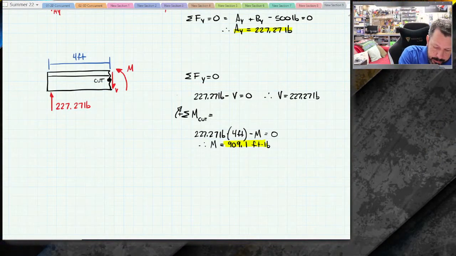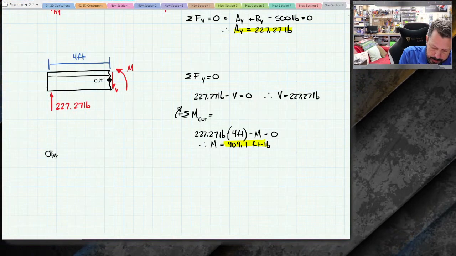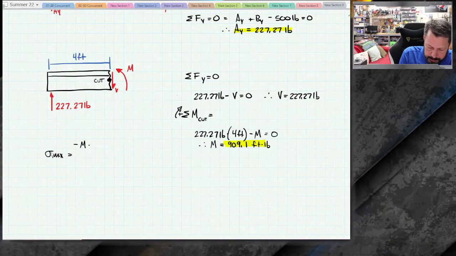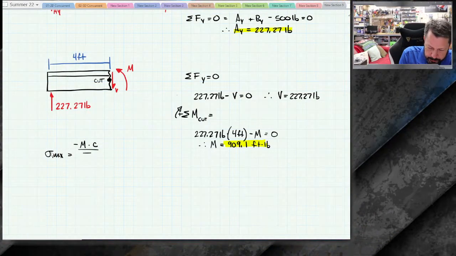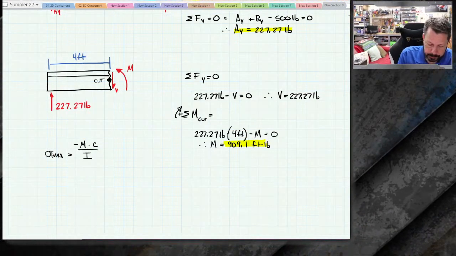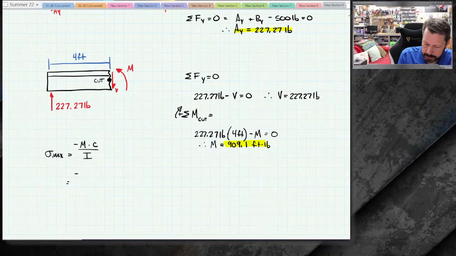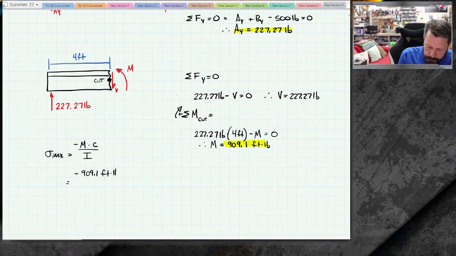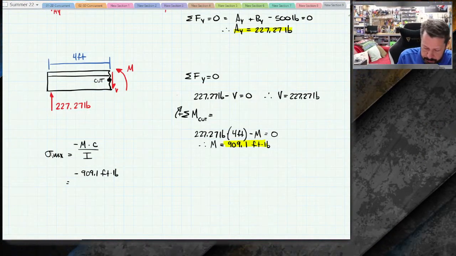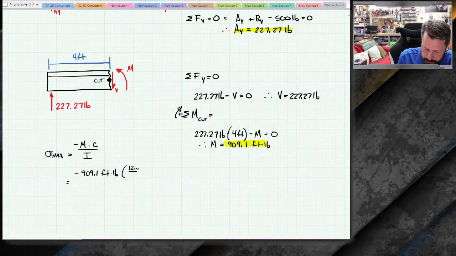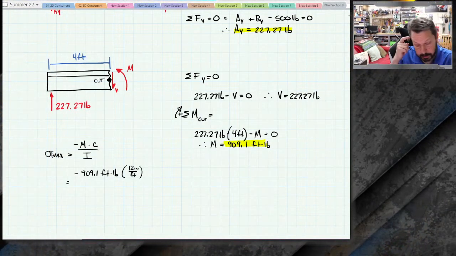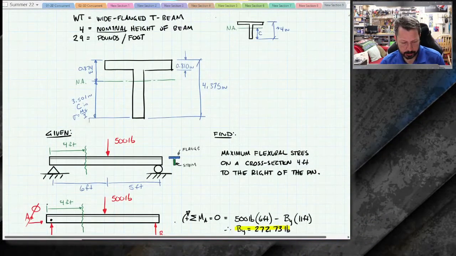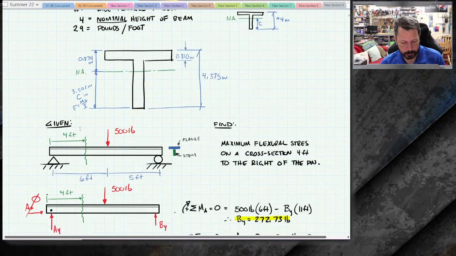So I can calculate sigma max at this section equals negative M times C over I. So the negative is part of the equation. So negative 909.1 foot-pounds. I'm going to convert those to inch-pounds, so times 12 inches per foot, times C, which we found earlier on, 3.501 inches.